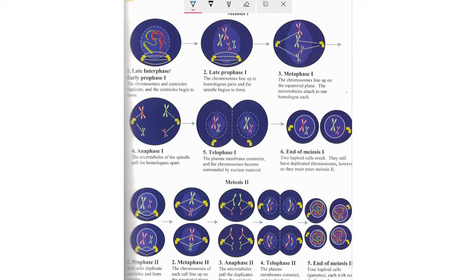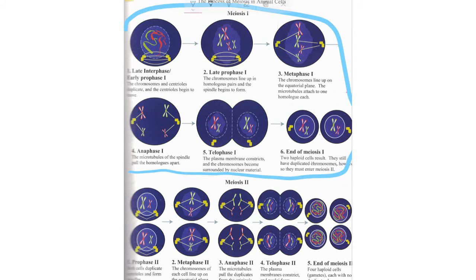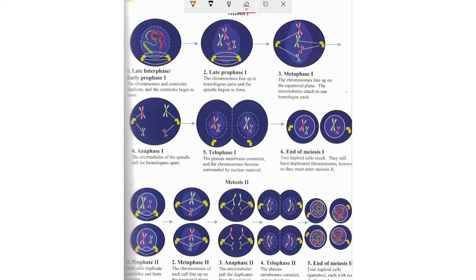Okay, so this top portion up here is meiosis 1, and then this bottom portion is meiosis 2. Okay, so let's look at the steps that are involved in meiosis 1 and meiosis 2.